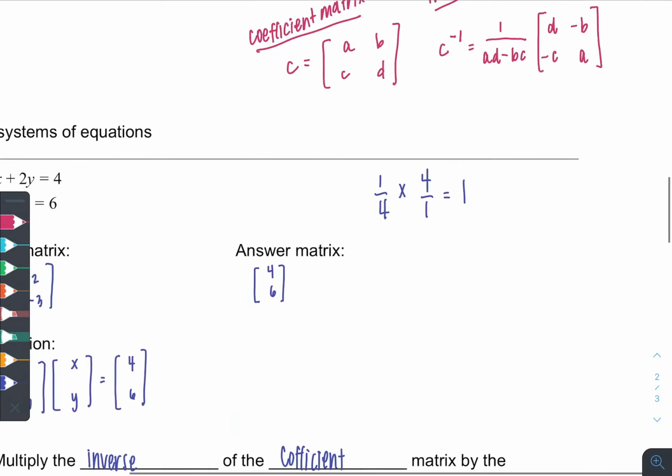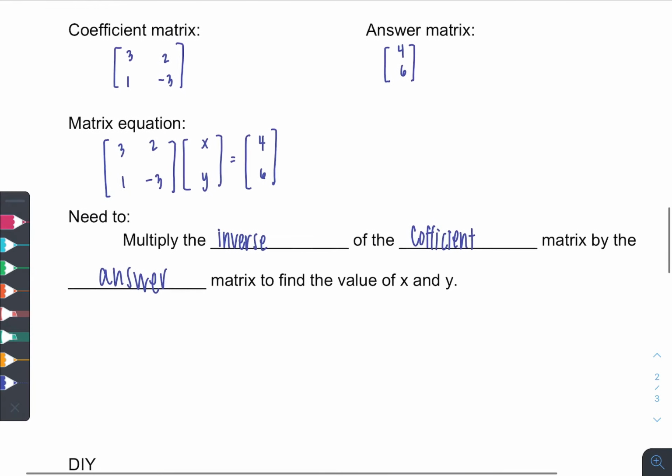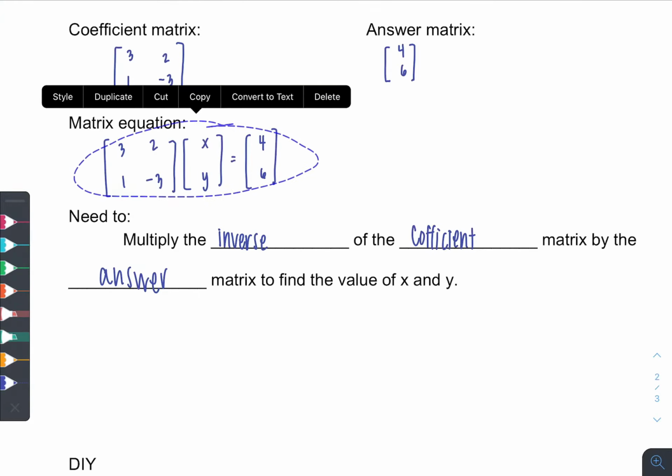All right, so let's jump into this example here. We've got our matrix equation here. I'm going to go ahead and copy and paste this down here so I don't have to write it again.